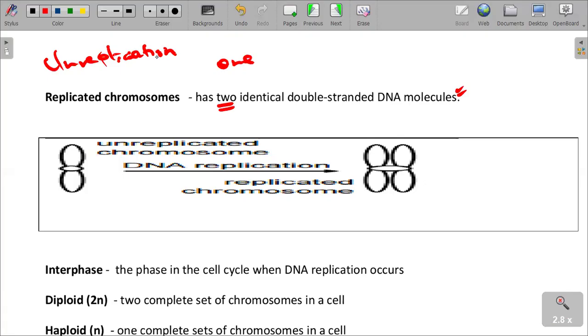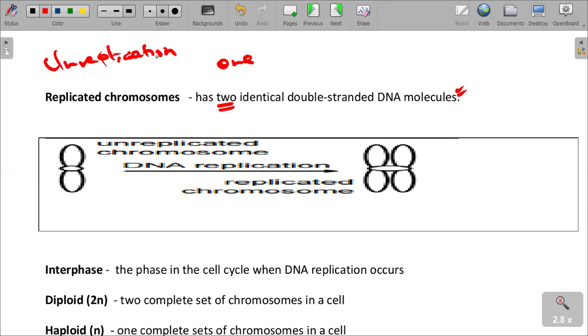We call that replication. The process of replication has to produce a cell identical to the parent cell.